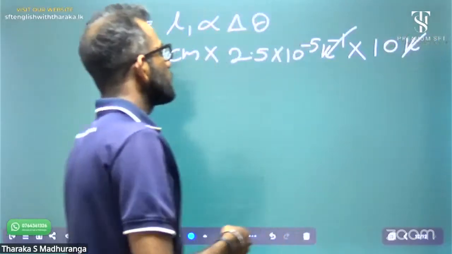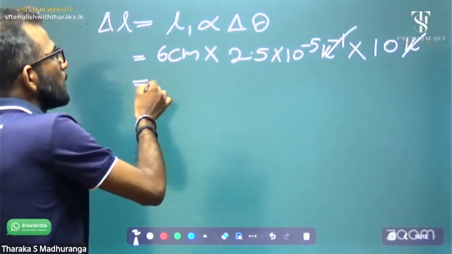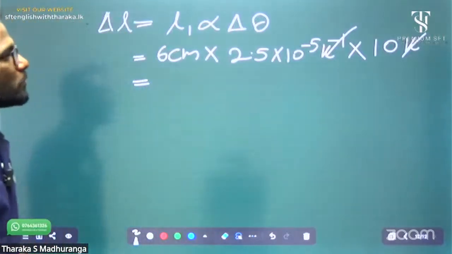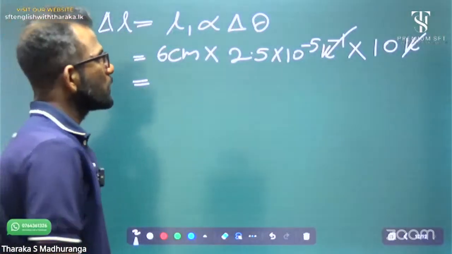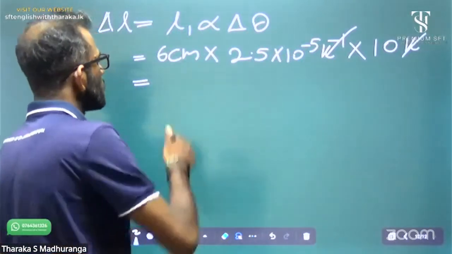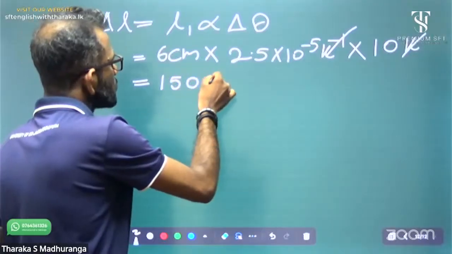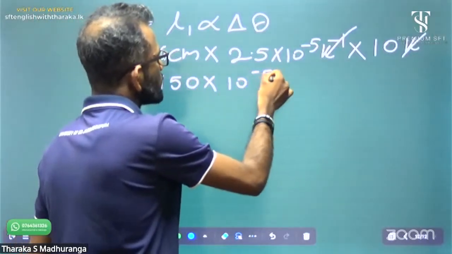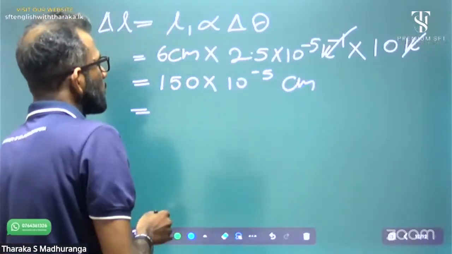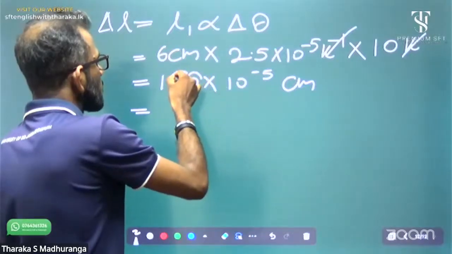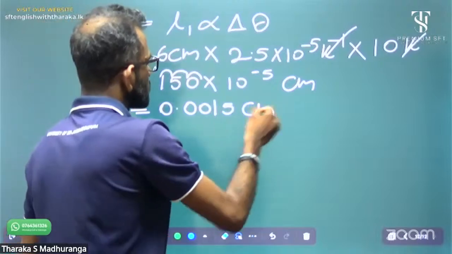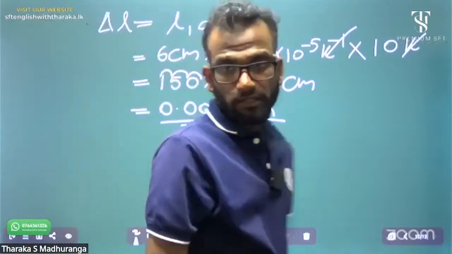Kelvin and per Kelvin cancel out. 10 multiplied by 2.5 is 25. 25 into 6, it is 150. 150 times 10 to the power minus 5 centimeter. 0.0015 centimeters. That's the length reduction.